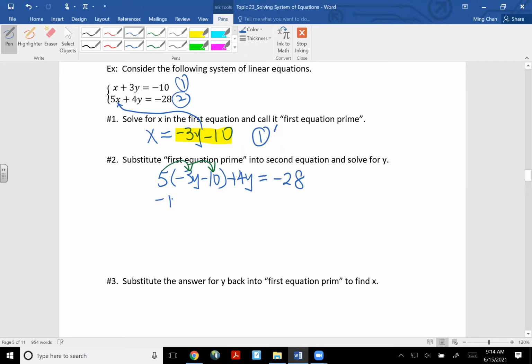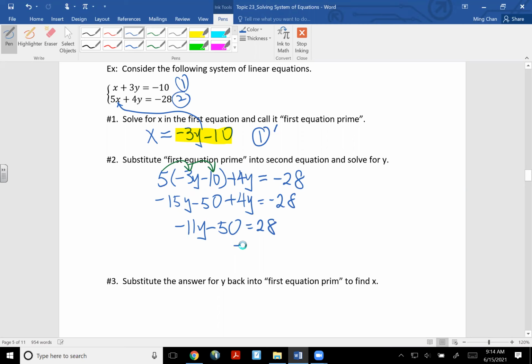So that gave me negative 15y minus 50 plus 4y equal to negative 28. Combine like terms: negative 11y minus 50 equal to negative 28.